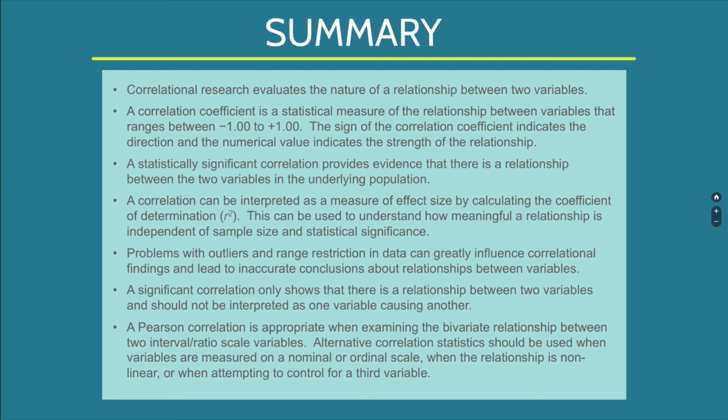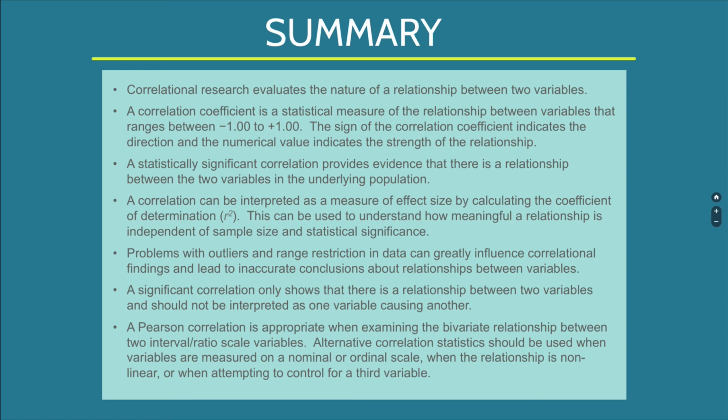A statistically significant correlation provides evidence that there is a relationship between the two variables in the underlying population. A correlation can be interpreted as a measure of effect size by calculating the coefficient of determination, or R². This can be used to understand how meaningful a relationship is independent of sample size and statistical significance.